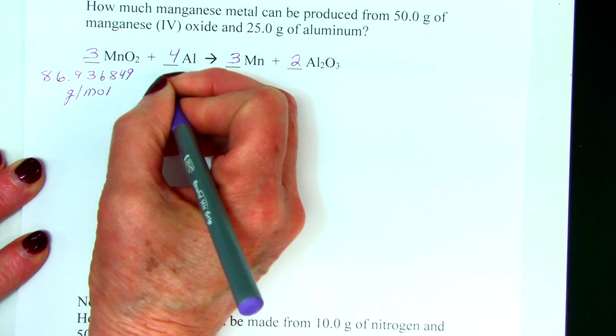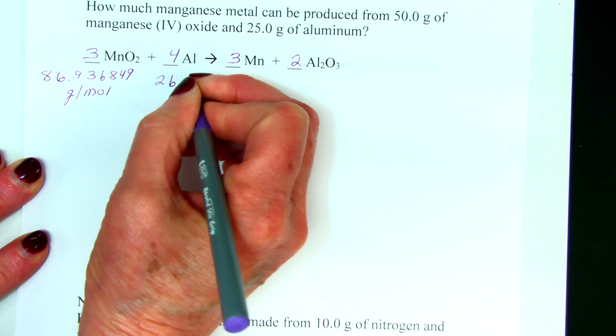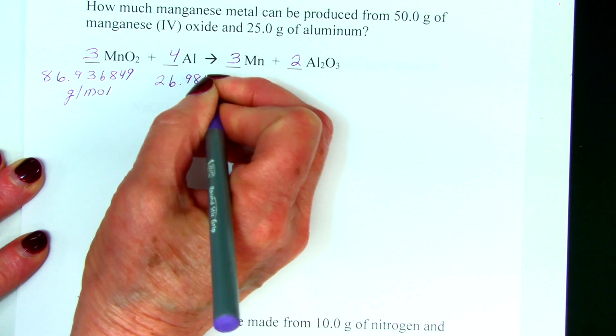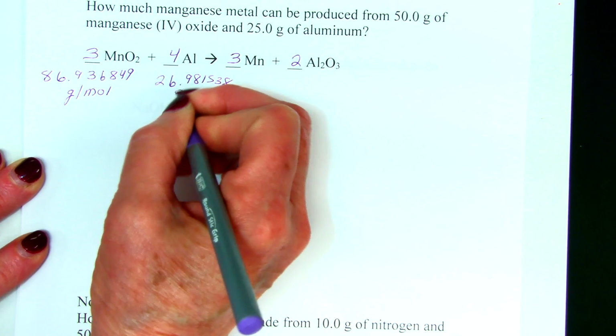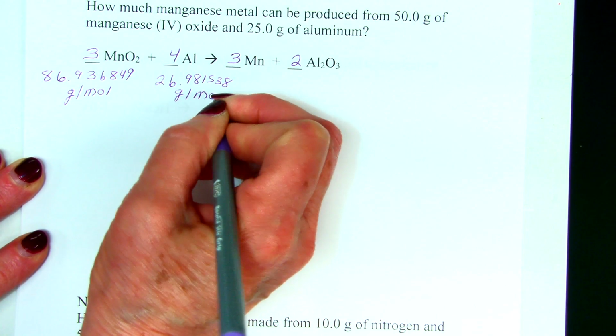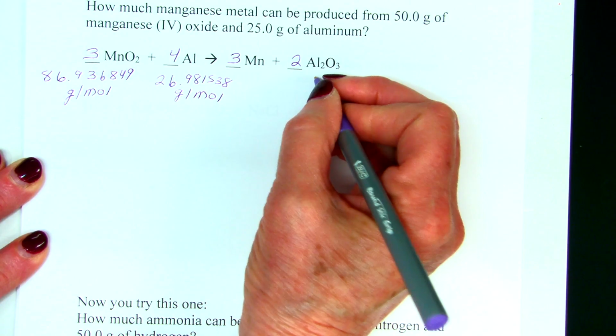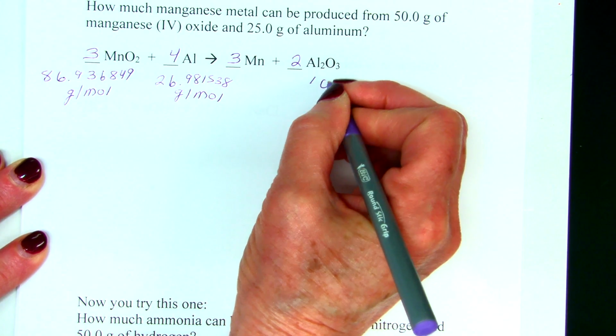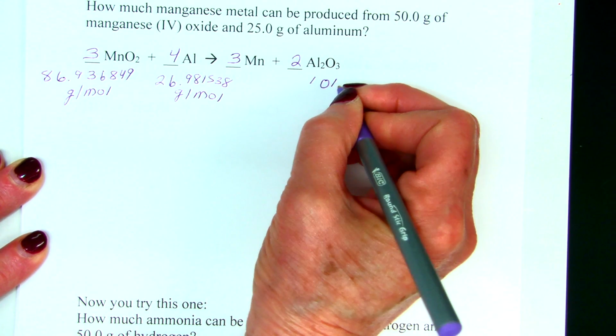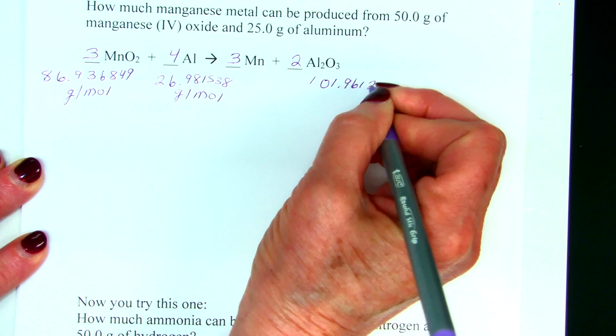The aluminum, 26.981538 grams per mole, and the aluminum oxide 101.961276.